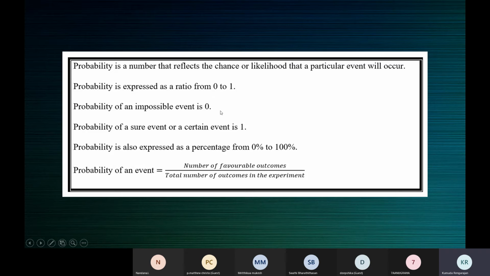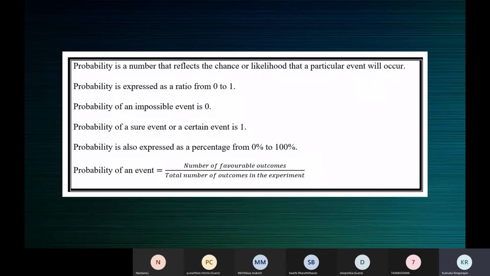That is, if you roll a die, what is the chance that you will get a number greater than 7? It's impossible to get a number greater than 7. When you roll a die, you cannot get a number greater than 6.